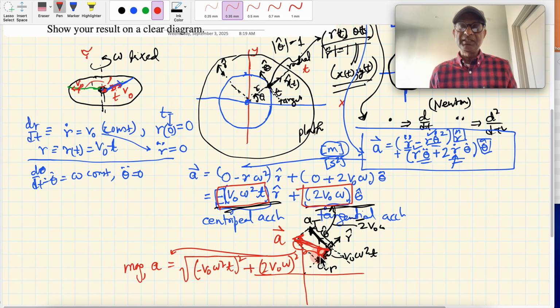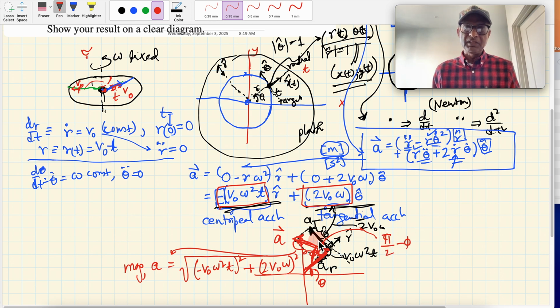Let's see. If this is the radial direction, and this angle is theta, so this theta is not that theta, okay? You can say if this is, let's call this phi, then over here, this angle here will be pi over 2 minus phi, because this direction and this direction are 90 degrees to each other.